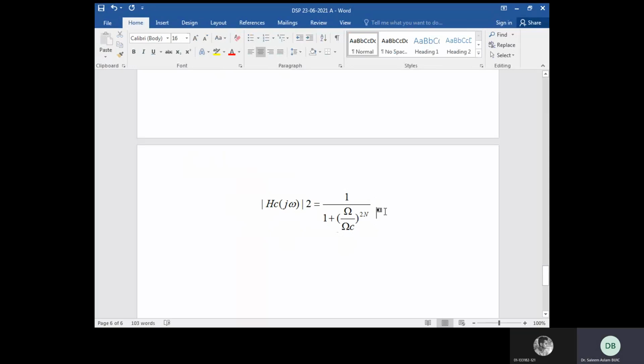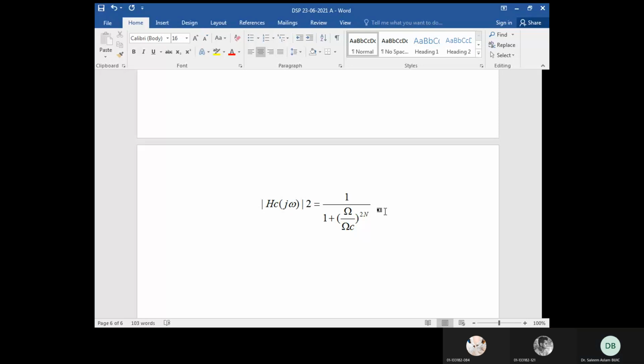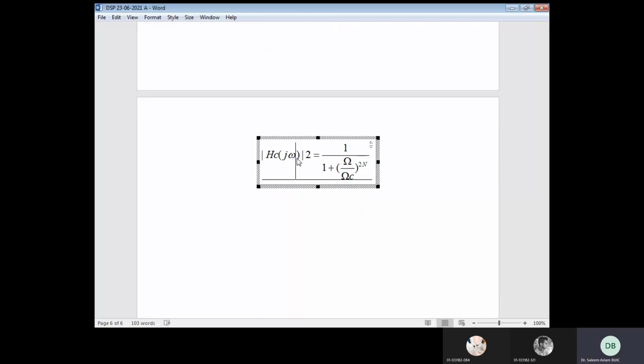So how many unknowns? 2 unknowns, omega c and n. How many equations do you need? You need 2 equations. Can you make 2 equations out of this equation? Oh, sorry. This is not W omega, this is ohm omega.